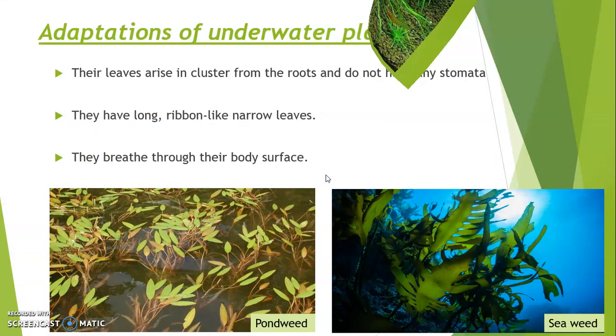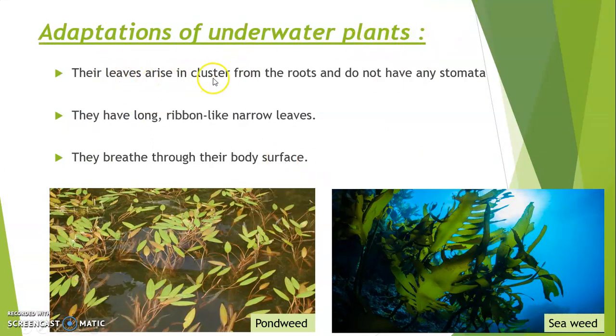Let's see some adaptations of the underwater plants. The leaves arise in clusters from the roots and do not have any stomata. See, the leaves are attached to itself only, so many leaves are attached together.